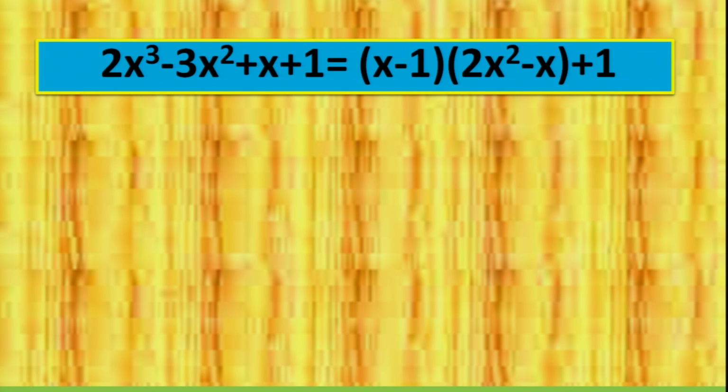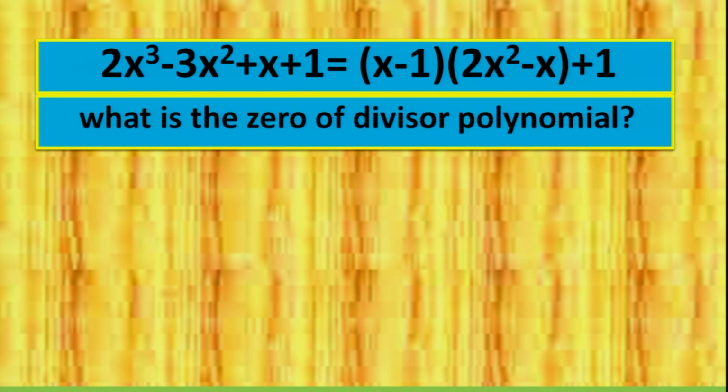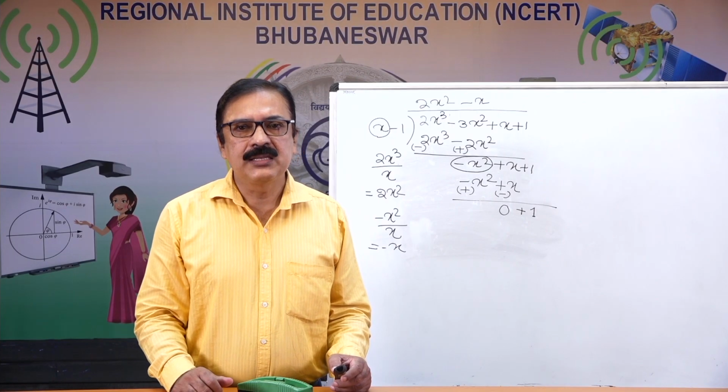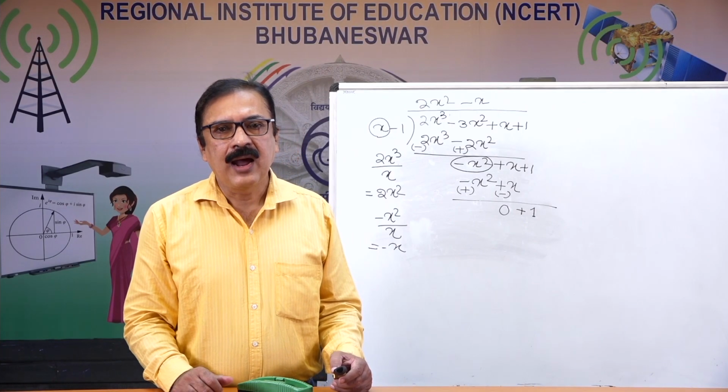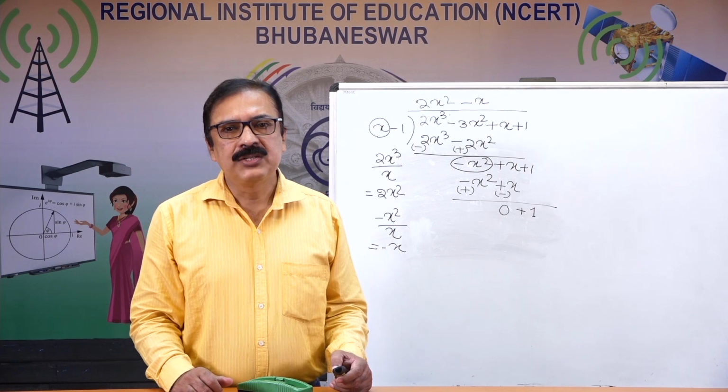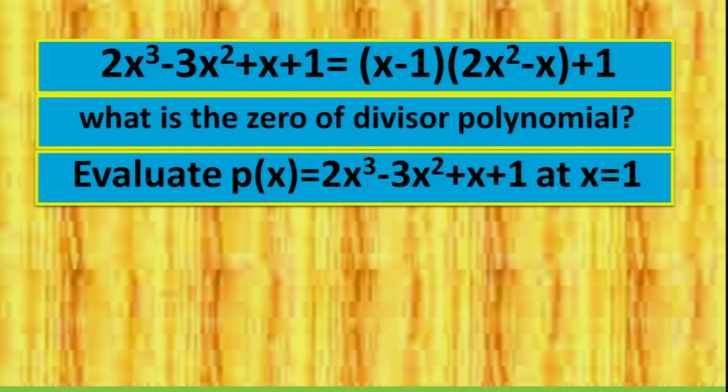Now come to this multiplication again. Here, what is the 0 of the divisor polynomial? The divisor is x minus 1, and what is its 0?